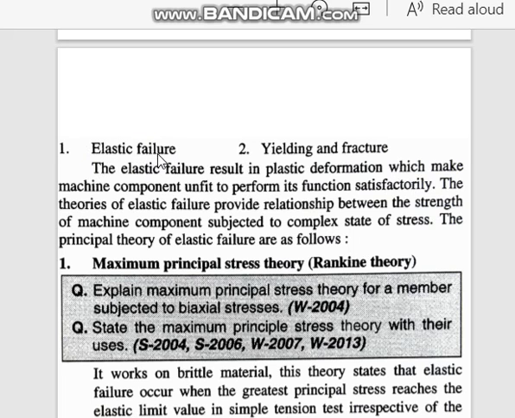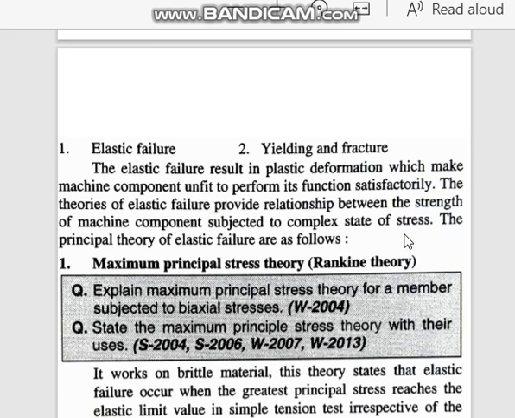So that means it has yielded. You see, it has become longer, and where it should fit, it is not fitting. So it is treated as failed, and it is unfit to perform its function satisfactorily. That is one failure. The theories of elastic failure provide a relationship between the strength of machine components subjected to a complex state of stress.